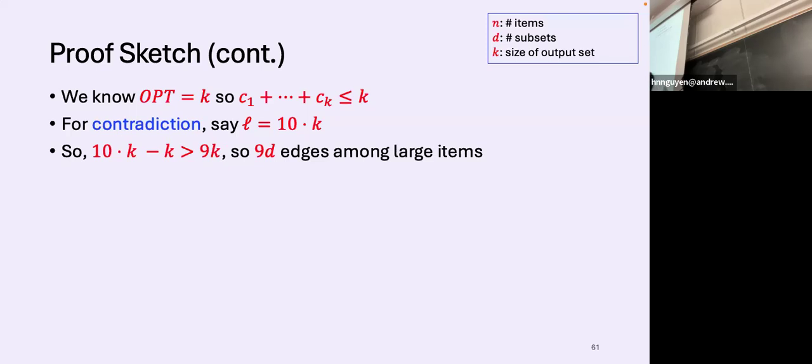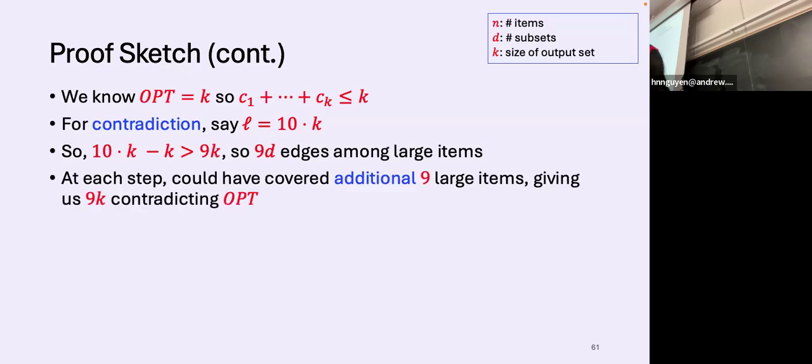The K things that I covered in C1 through CK, I covered these large items, but the number of large items that I have is actually 10 times K. So at every single step, there were 9K items that I never covered. And remember, large items have at least D over K edges, right? And so this means that at every single step, I should have at least 9D edges among large items.